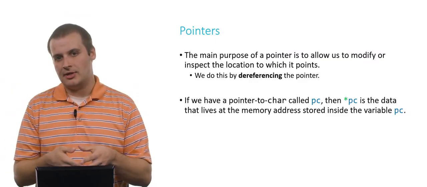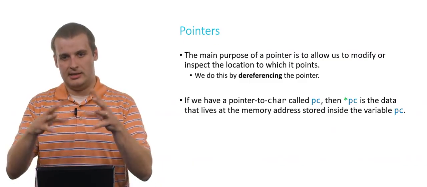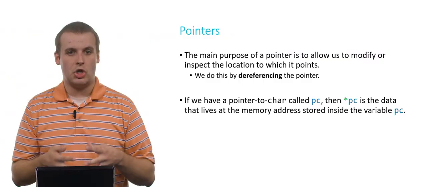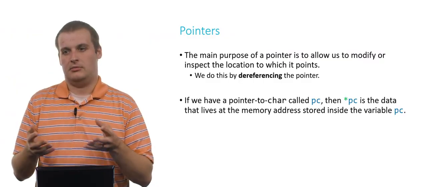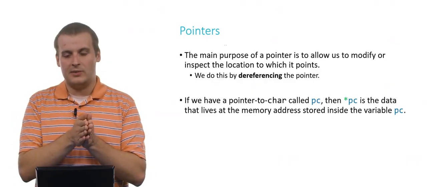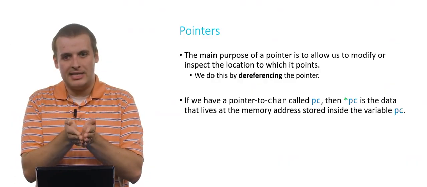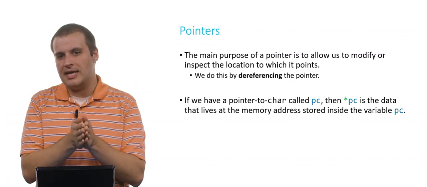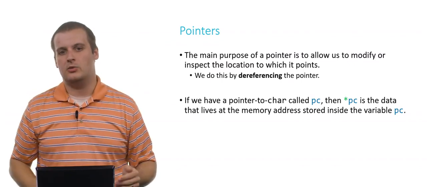What we'll find there is a character, and *pc is how we refer to the data at that location. So we could say something like *pc = 'D', and that means that whatever character was previously at memory address pc is now capital D.